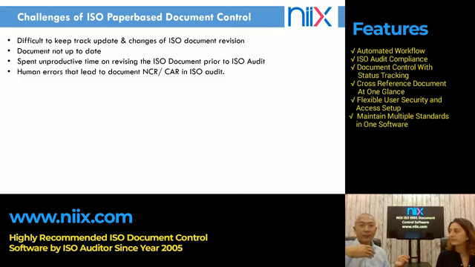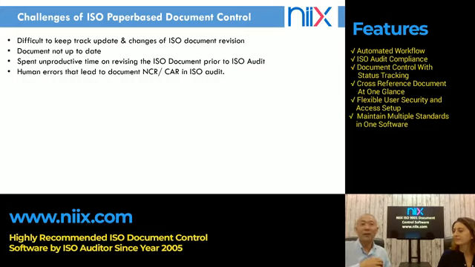Problems like the documents not being up to date, for example: the document has been approved, and as required in ISO document control, you need to give the latest copy to your colleagues or different departments so that people always refer to the most updated document. But the problem is, even though sometimes I have already passed the document to you, you may have misplaced it. So there may be some argument saying that, hey, I didn't get the document from you, and so on and so forth.